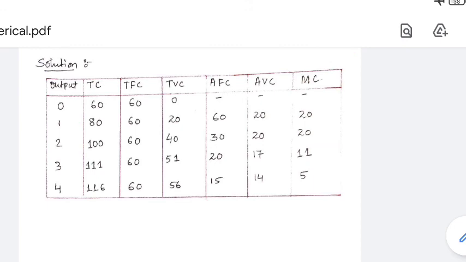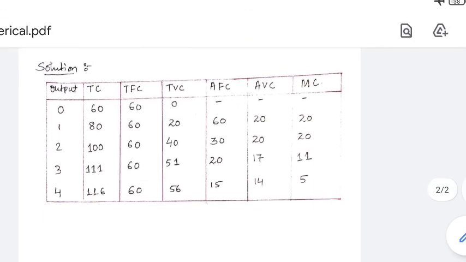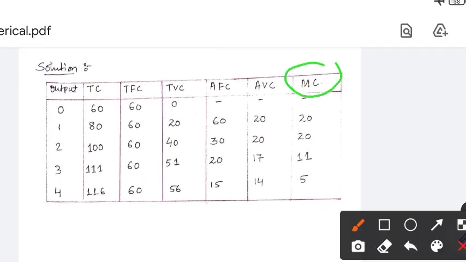Now how to find marginal cost? Finding marginal cost is also very easy. To find marginal cost we require TC. So how to find MC? The first one will be a dash. Now for the second one, we take the succeeding TC minus the previous TC, that is 80 minus 60, 20.